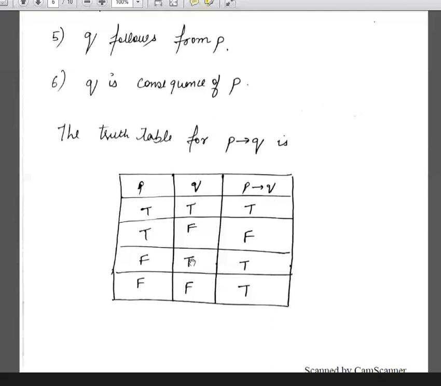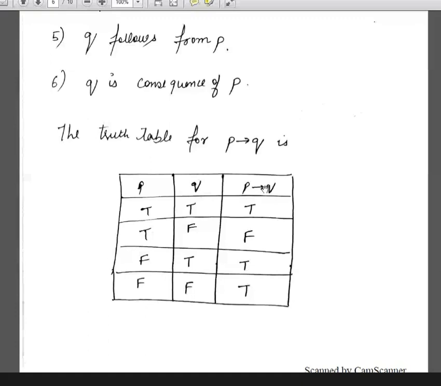So learn these conditions. If P is true and Q is false, it is false. The last, false false, is true. If both conditions are wrong, we know both are wrong. So this is the truth table for P implies Q.